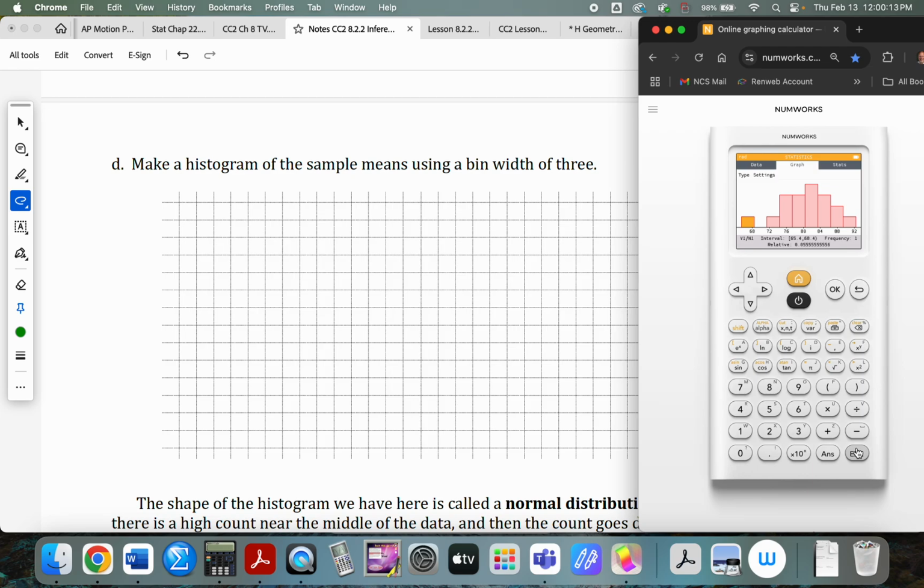All right, so it looks sort of like this. So between, and actually let me tell it to start at a whole number. That'll be nicer for us also.